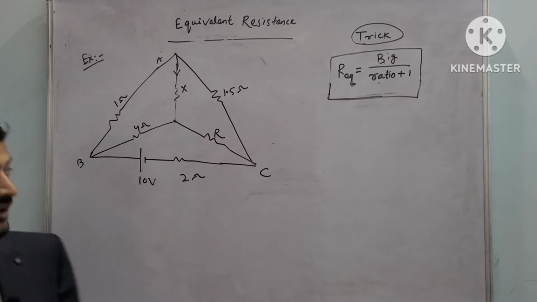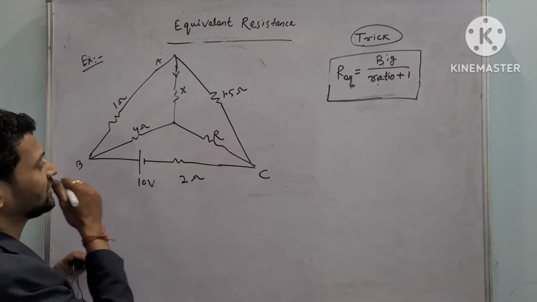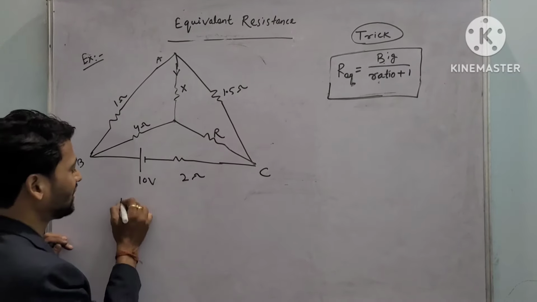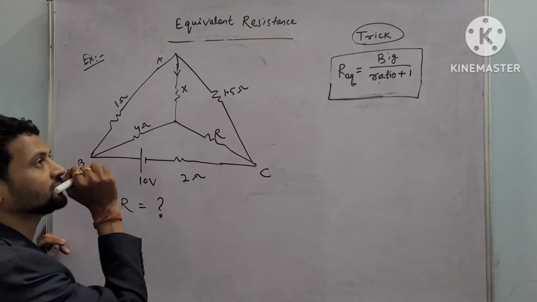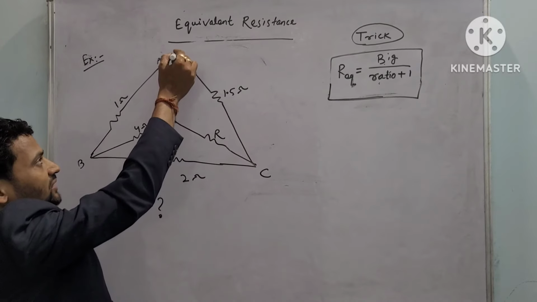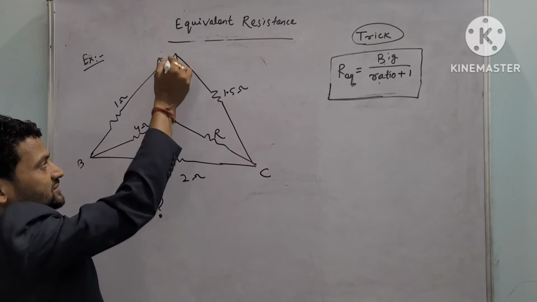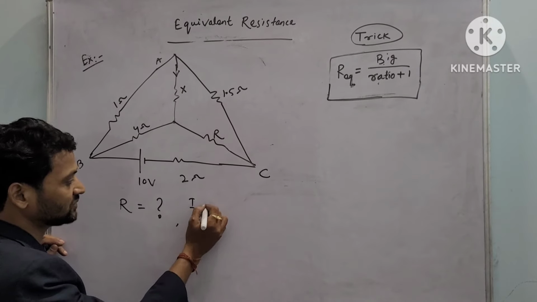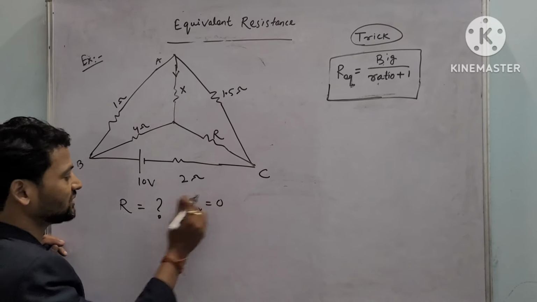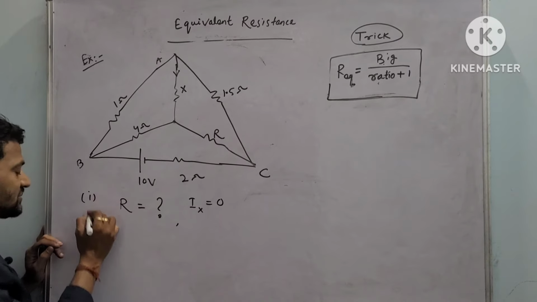So here, the question is, what is the value of R if the current through the X ohm resistor is 0? Current through this resistor, if it is 0, what is the value of R? That is your first part.